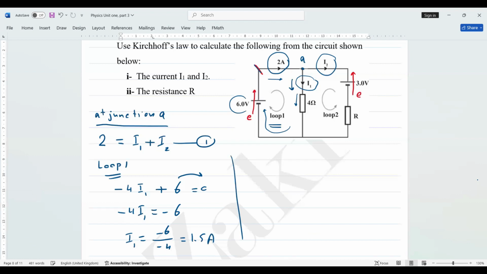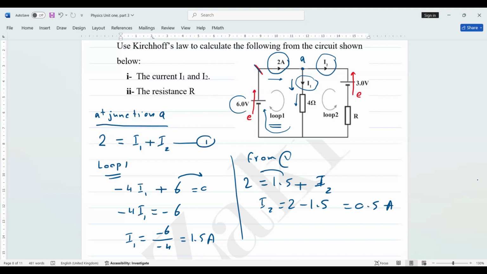Now substitute in equation 1. From equation 1, 2 equals I1, which is 1.5, plus I2 unknown. Shift 1.5 to the other side. Then I2 equals 2 minus 1.5, equals 0.5 ampere. Now we got I1 and I2.